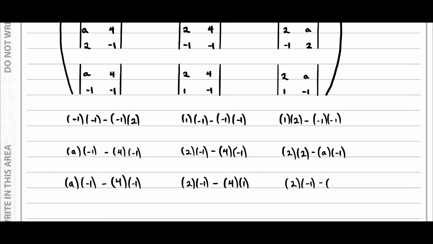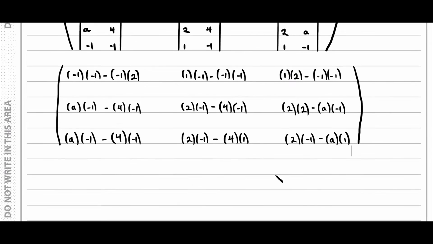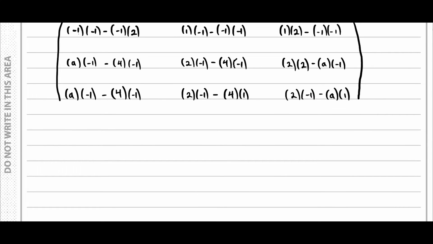And we wish to essentially work out this entire matrix. So we have here 1 minus 2, which is minus 1. Here we have minus 1, which is minus 2. Here we have 2 minus 1, which is 1.